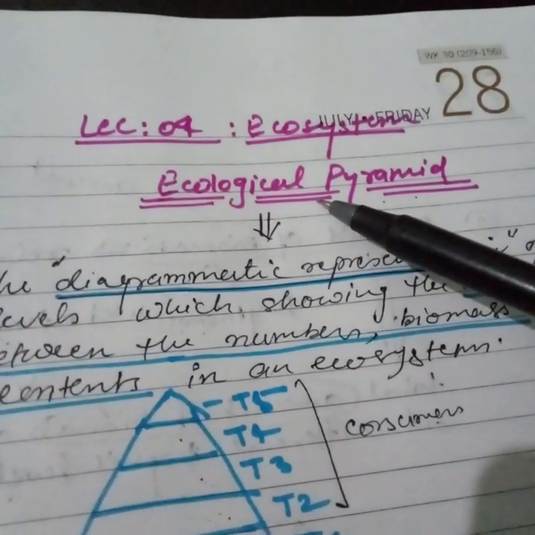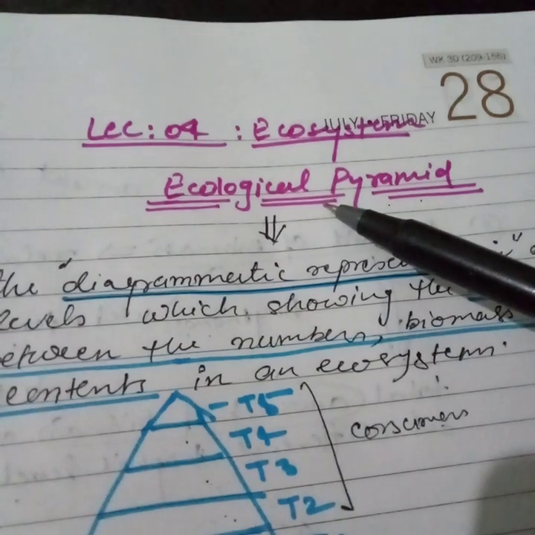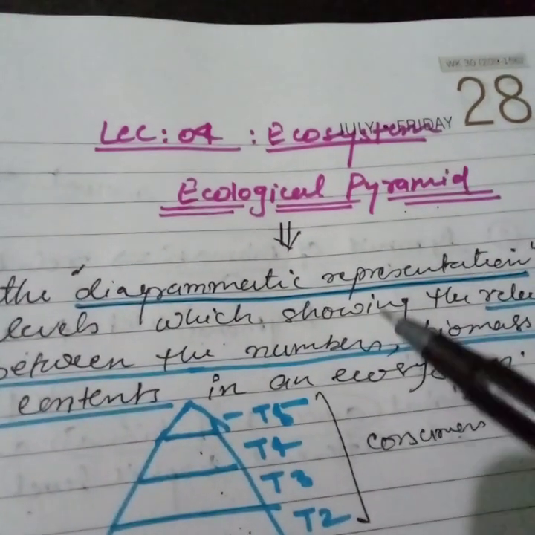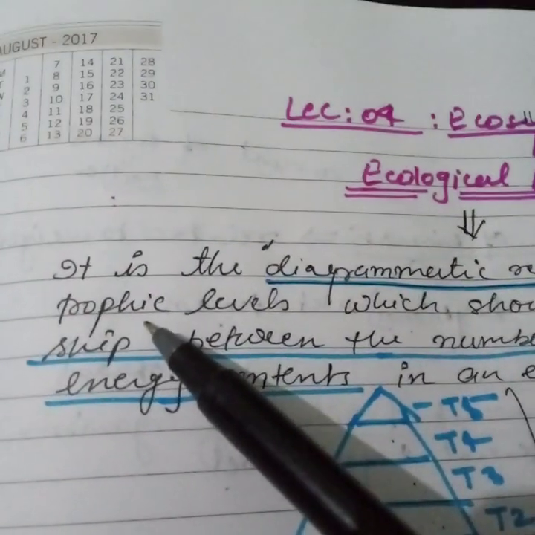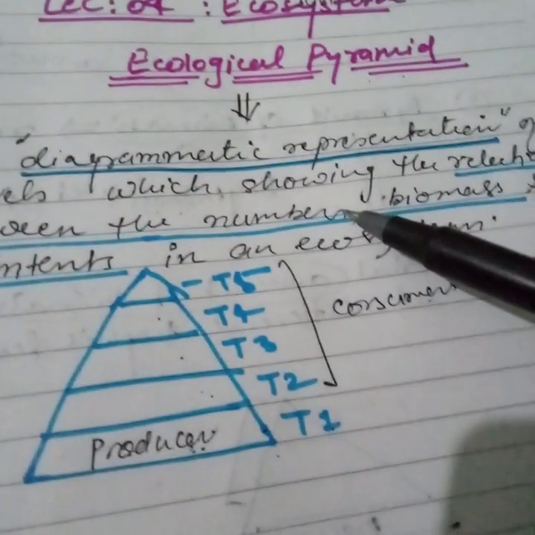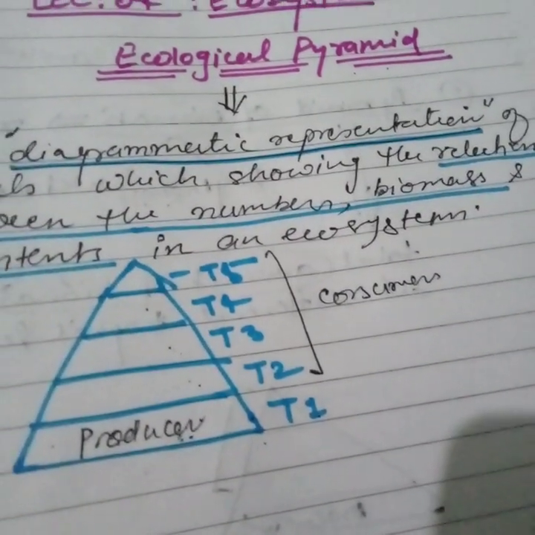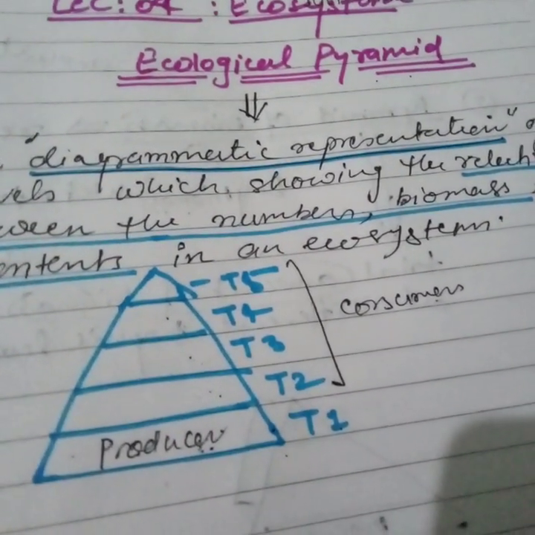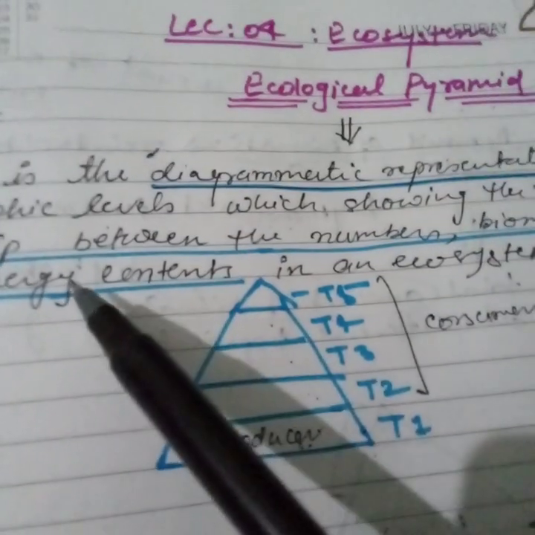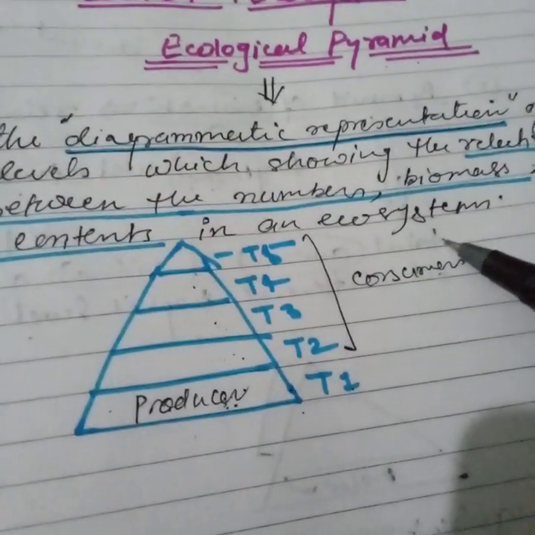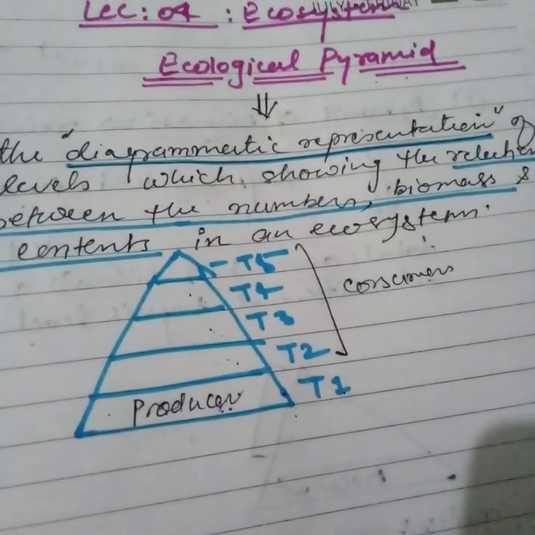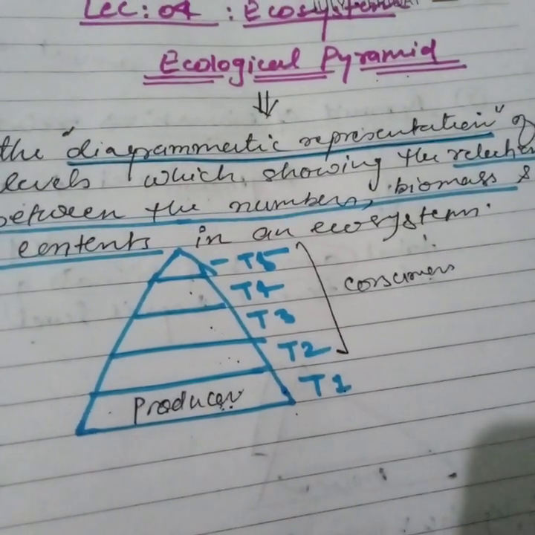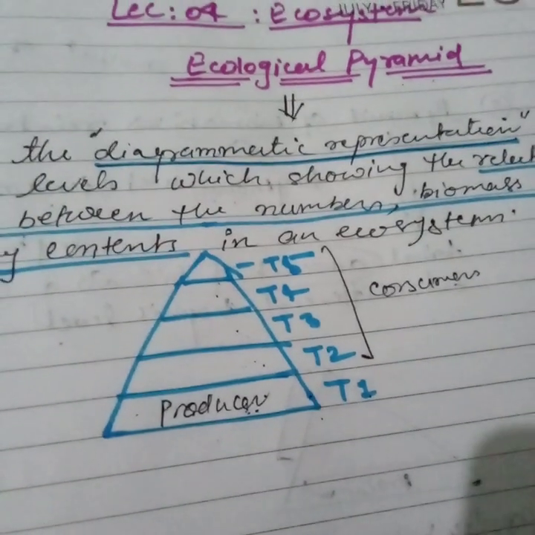Ecological pyramid is related to the trophic levels. So it is the diagrammatic representation of the trophic levels, which shows the relationship between the numbers, biomass, and energy contents in an ecosystem. Clear? So basically it tells about the relationship between the number, biomass, and energy content.